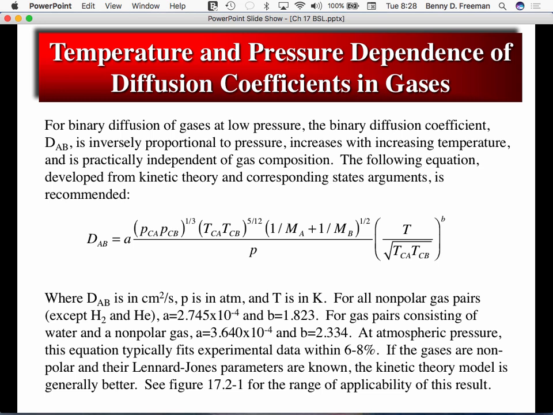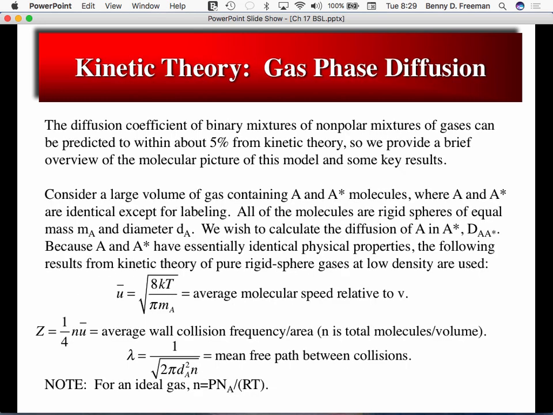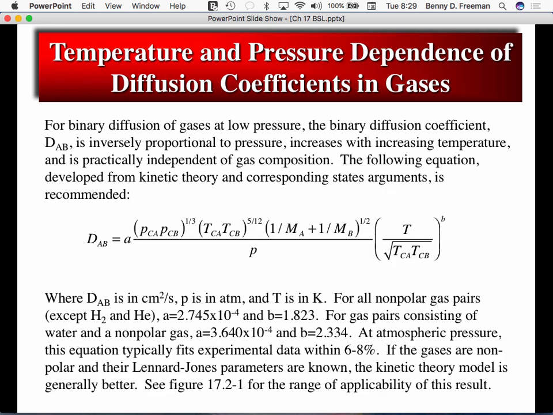There's some caveats about what values of these parameters to use, and how close it is to experimental data. Yes? That last equation, is this just an empirical equation? Because the units here don't work out to be centimeters squared per second for the diffusivity. Well, they need to. The units on A need to be whatever they need to be to make these units work out.